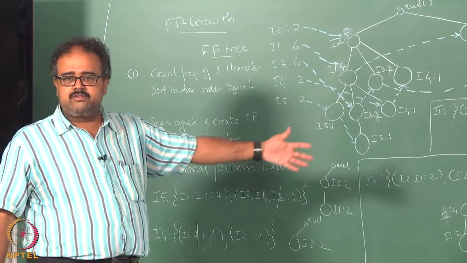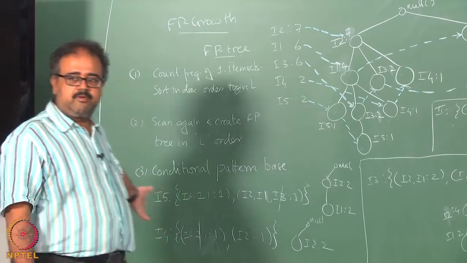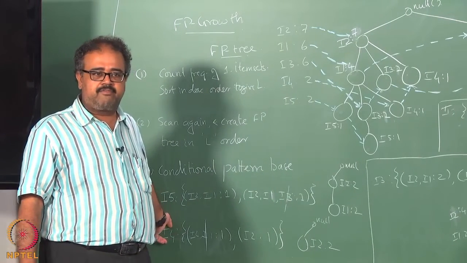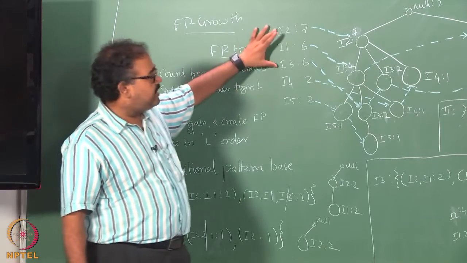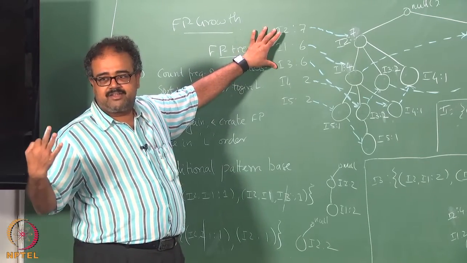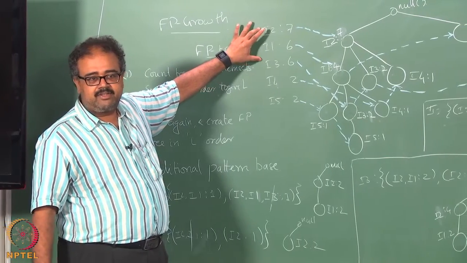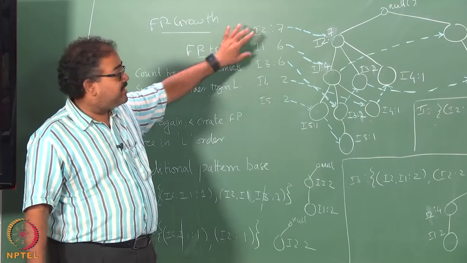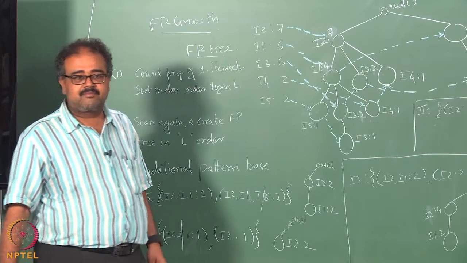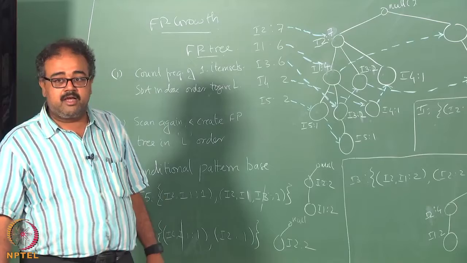There will be no patterns that feature I4 and I5. In fact, they will go from this table itself, because they occur only twice. So if we start off with a frequency of 3, you only have 3 entries in this table. So everything becomes simpler. Okay, that is a good point.